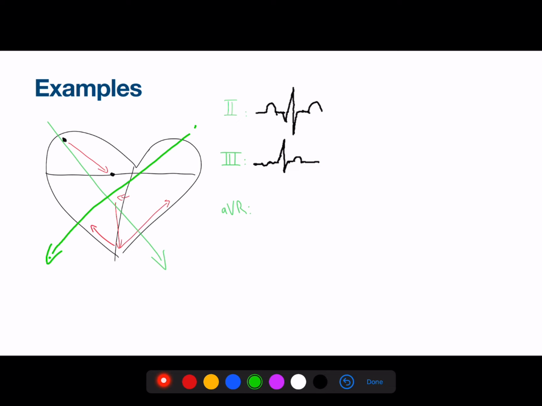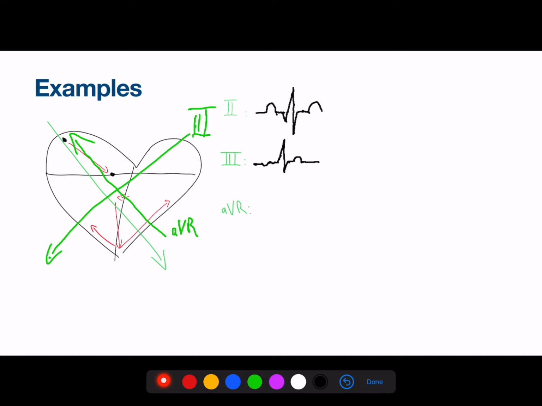Now, AVR. AVR is the opposite direction of lead 2. So it goes in this direction. I will write lead 3 and AVR. So basically it's just the mirrored lead 2.